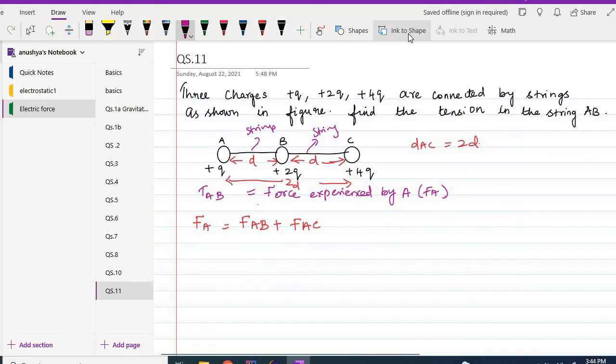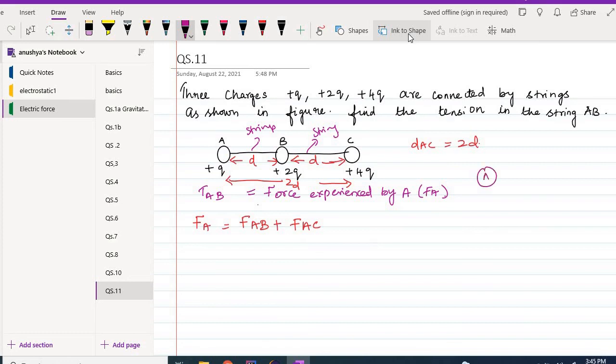Obviously it will be a repulsive force. So FAB and FAC both will be along the AC direction, along this direction, and the force FAC also will be in this direction.